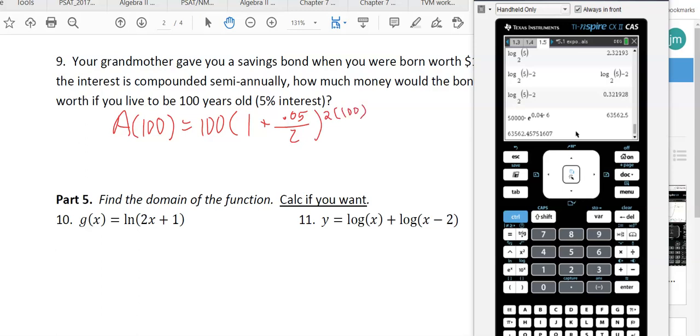Wow, it's a lot of years to compound here. Okay, so this is going to be 100 times 1 plus 0.05 divided by 2 to the power of 2 times 100.